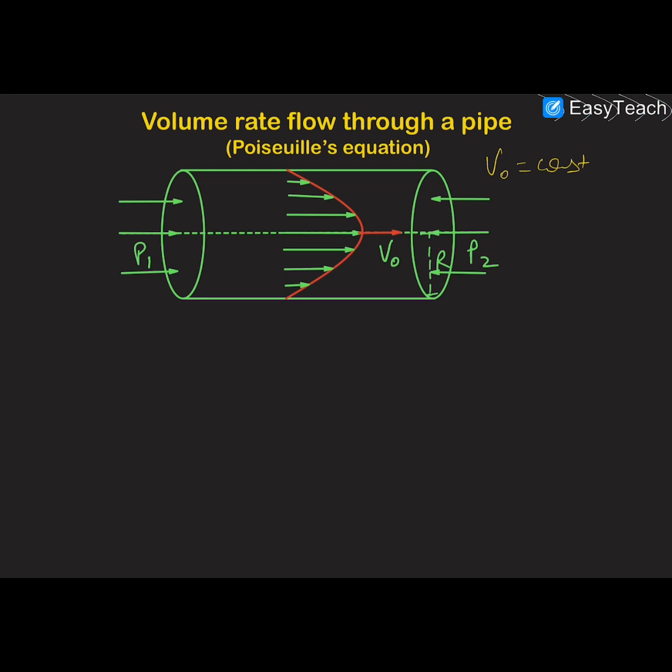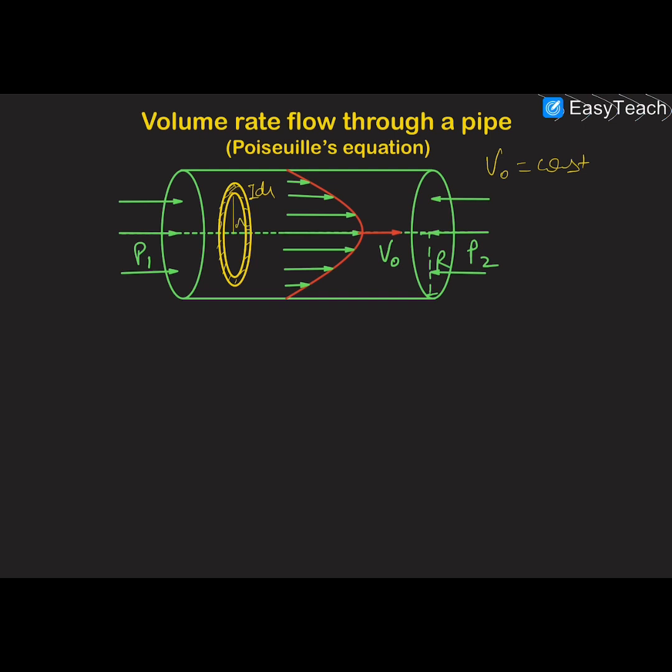So let us suppose a random layer which has a width of dr, and the radius of the layer is r.